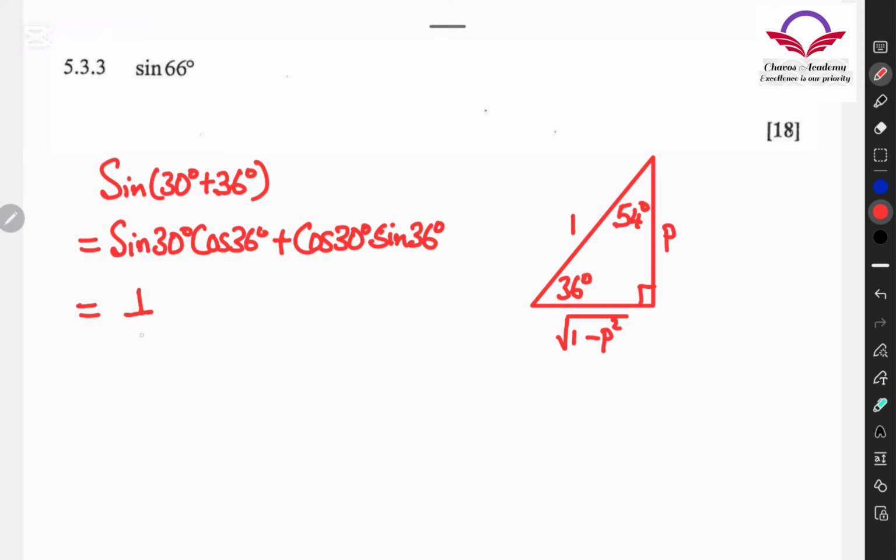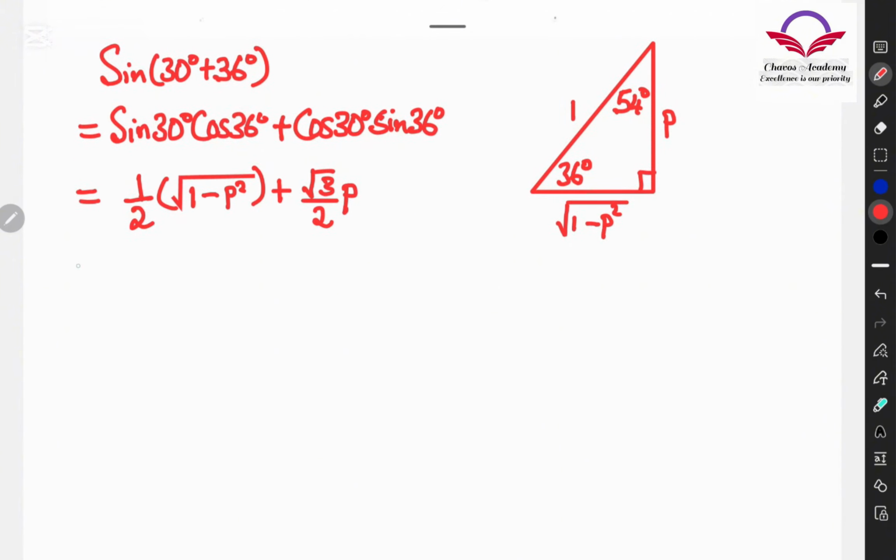So we have 1/2, which is sine 30, times the square root of 1 minus p squared, plus square root 3 over 2 times p.